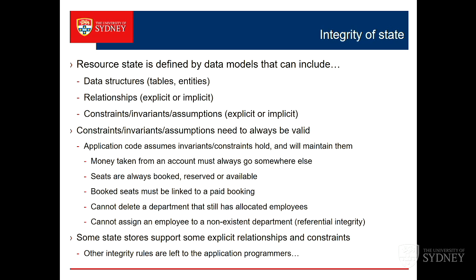So if I've got my accounts department, and in the accounts department thing, record, entity, there is a reference to a staff thing for the manager of the accounts department.